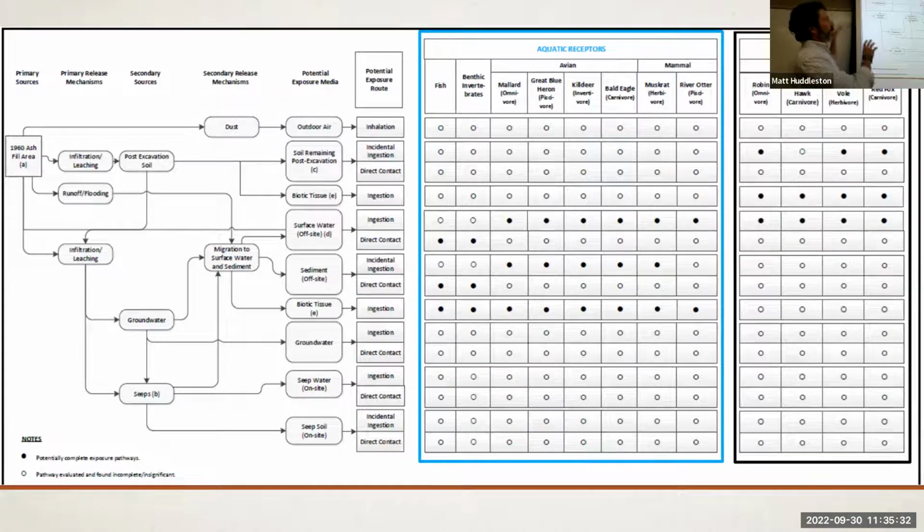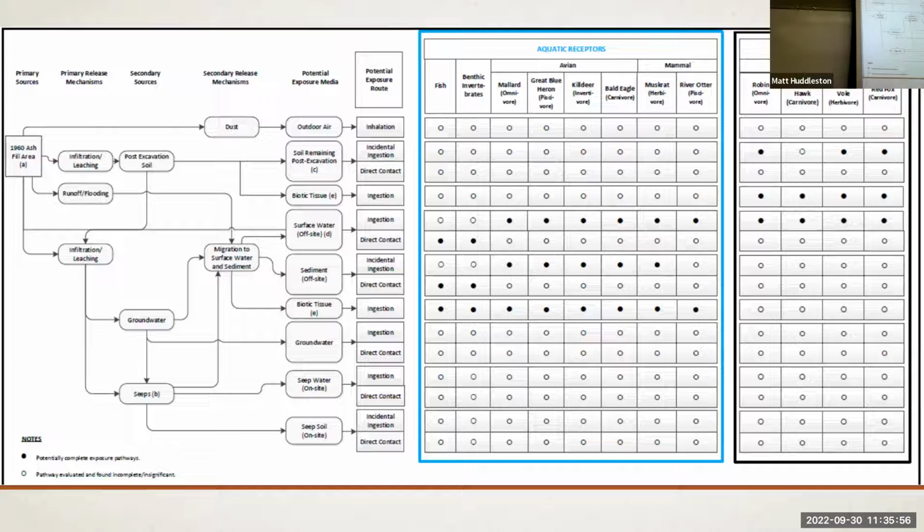And basically, if you work your way from left to right, you start with the coal ash and you define how the constituents in the coal ash, those metals essentially, make their way through what are called exposure pathways to your receptors. And our receptors over here, I've got some aquatic receptors, I've got some terrestrial receptors.